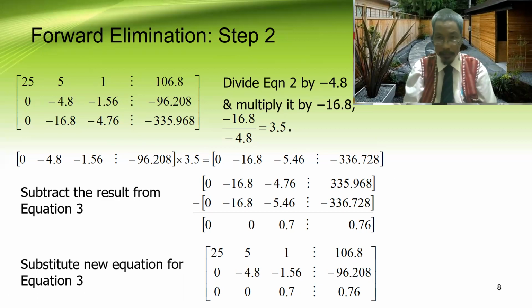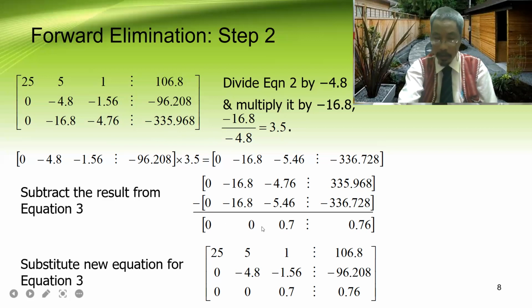Therefore, if we subtract this equation 2, this is our manipulated equation 2, subtract it from equation 3. So take note of equation 3 here. This is our equation 3. Take note, 335.968. Okay. So subtract this equation 2 from that equation 3.